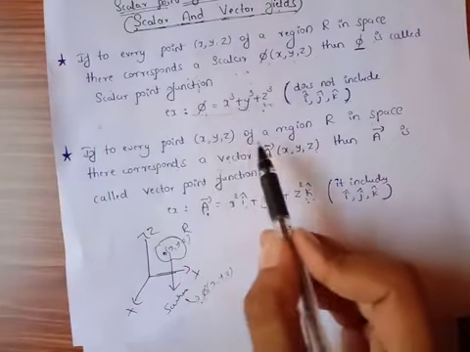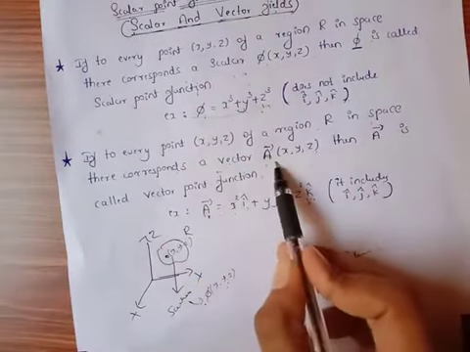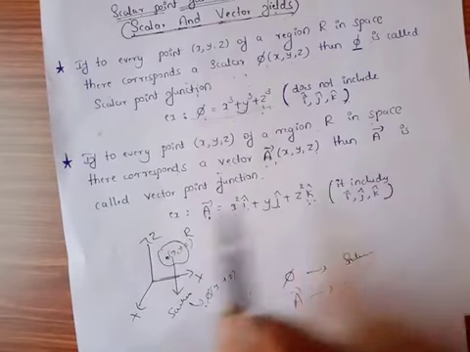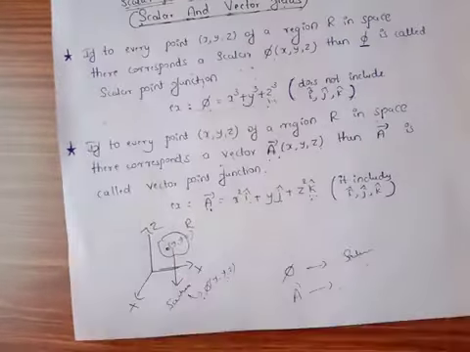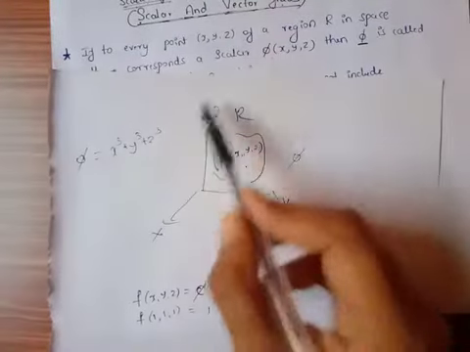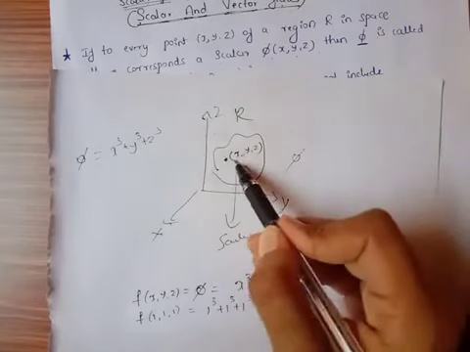Now let us see the definition of a vector point function. If to every point x, y, z of a region R in space there corresponds a vector A of x, y, z, then vector A is called a vector point function. Again consider a three-dimensional space, a region R with a point x, y, z.